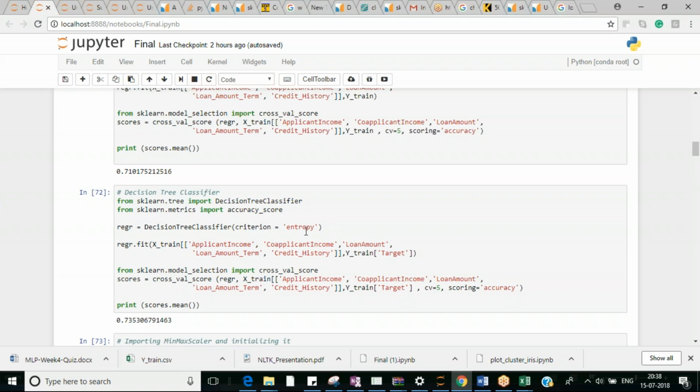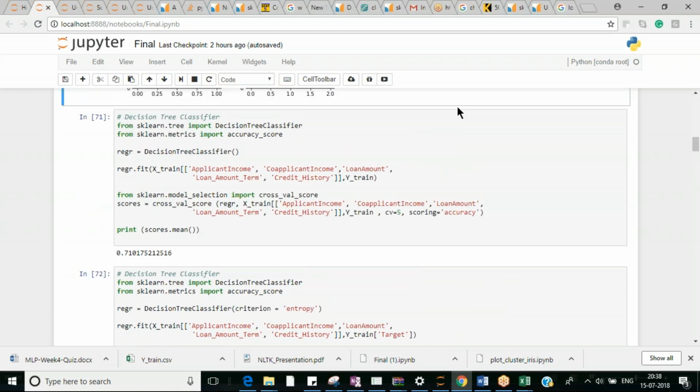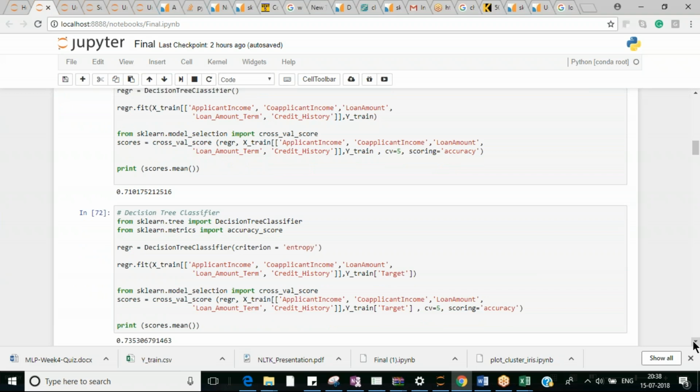Initially I had the decision tree classifier according to the general accuracy metric. Now I want the entropy. You remember when we were discussing Gini index and entropy? Entropy is kind of similar to what Gini index would describe, right? So we do the same thing with the same variables, and you fit the model.